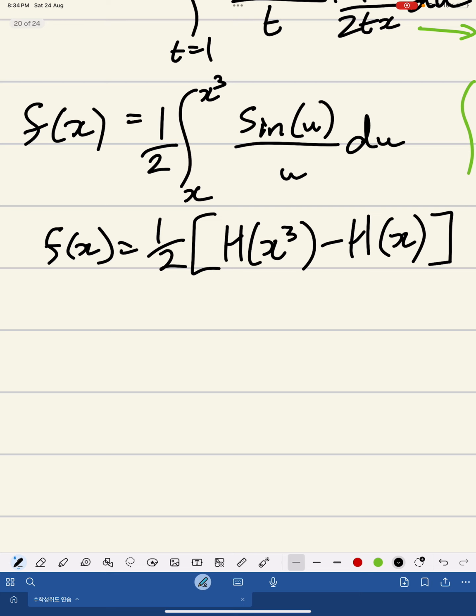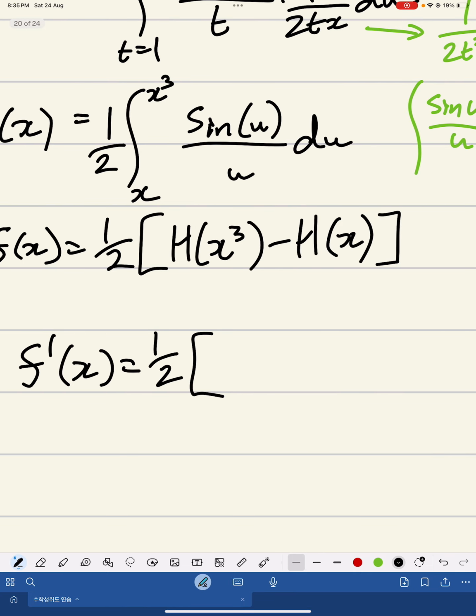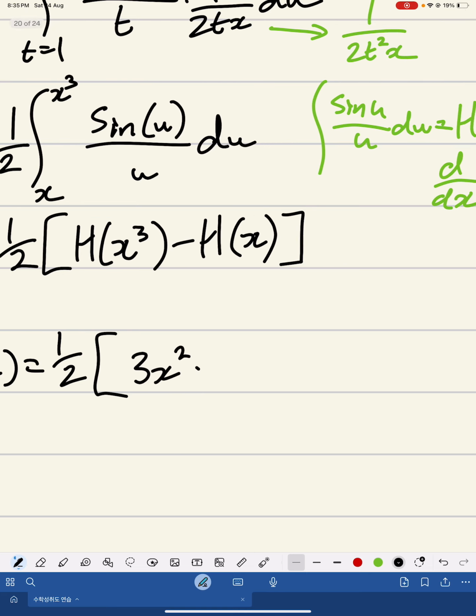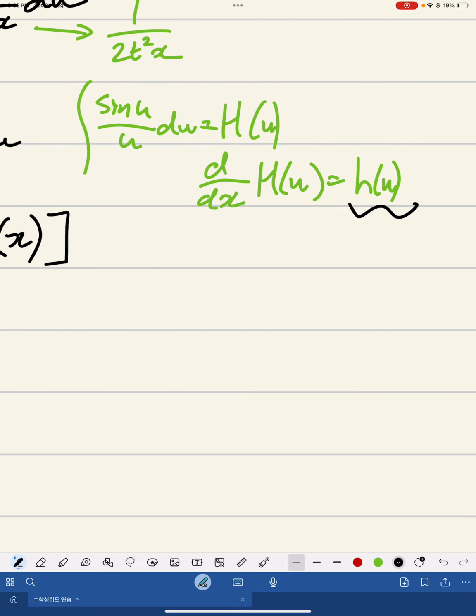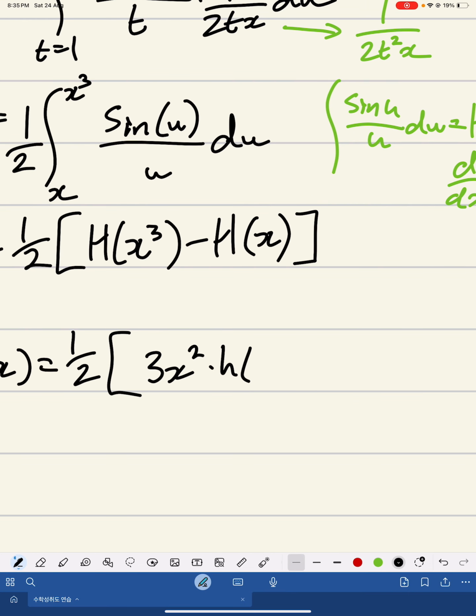So now I want to find f prime of x. Well, we can just differentiate this. This is just 1/2 of H of x cubed, which is a composite function. Therefore, we have to use the composite function differentiation rule. So we differentiate the inside and multiply it by the outside. 3x squared times, we differentiate the outside function, so this becomes capital H prime, which we decided to call small h of x cubed, minus small h of x, right?